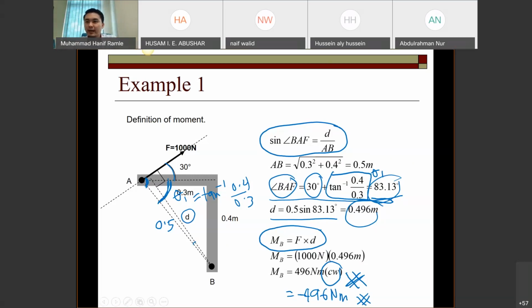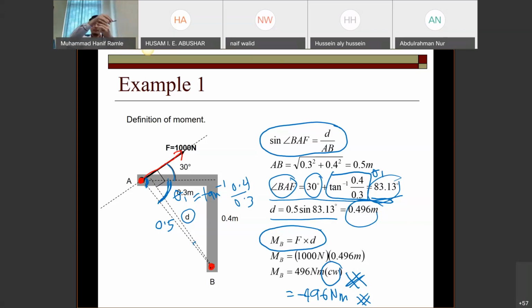So the answer is like this. Let me change the color. You have this point E and B, and the forces acting on A. Yeah, the example.